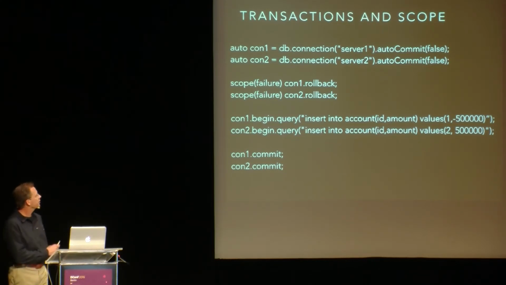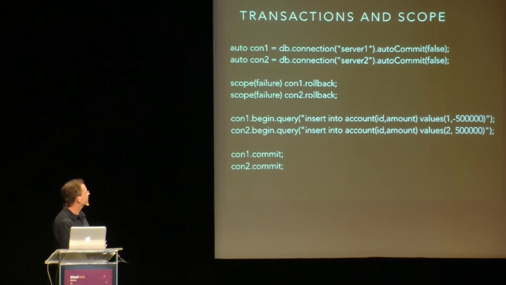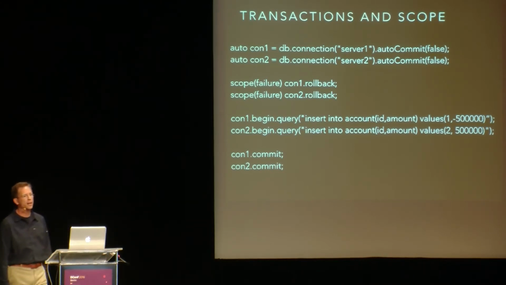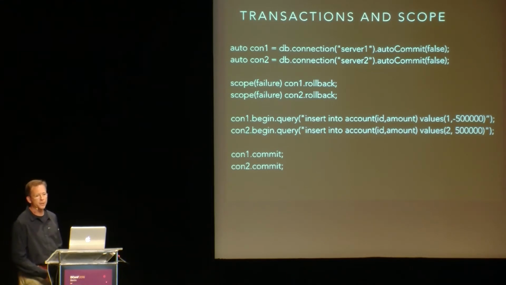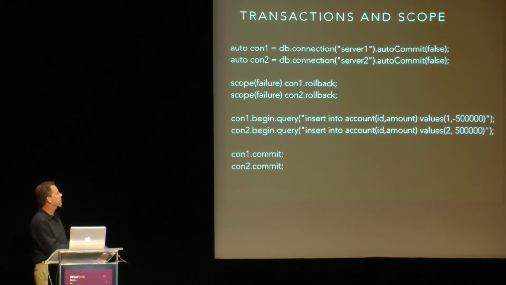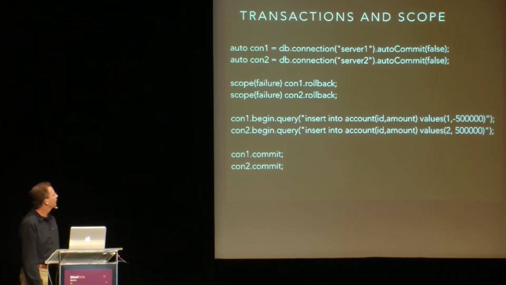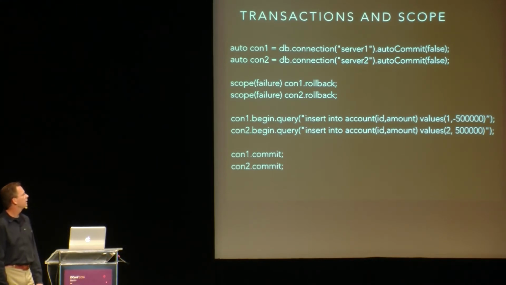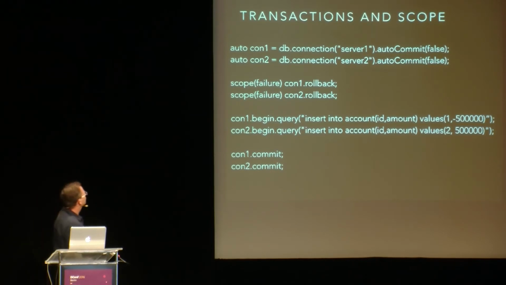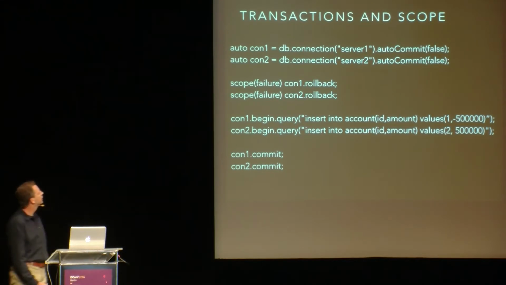So I really wanted to show the example of scope here just because I think it directly ties to this idea of doing multiple transactions, which is really hard to do using try-catch. So it highlights a particular feature of D. Coincidentally, it just happens to be transferring 500,000 from one account to the other. That's coincidence. And that's an example of a transaction.